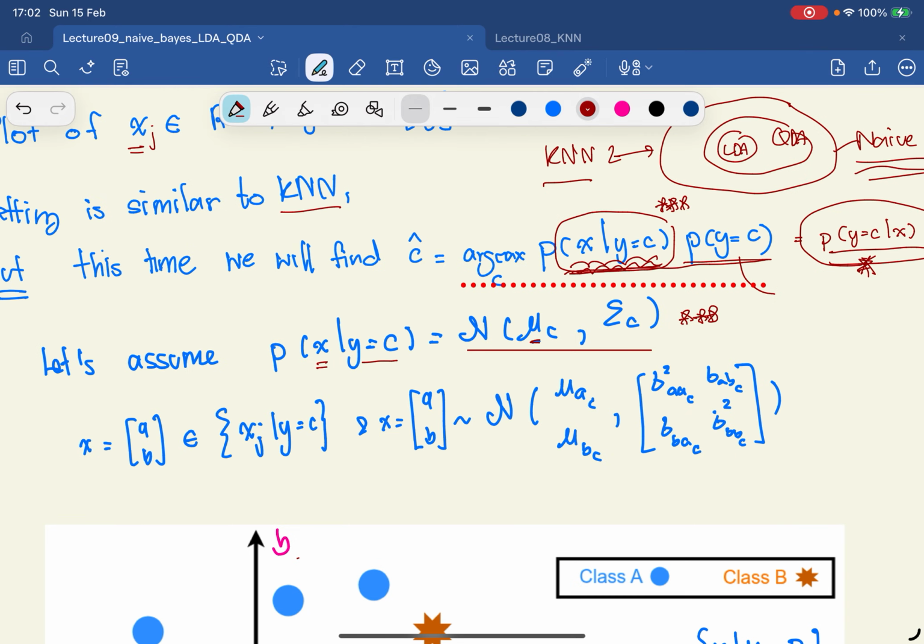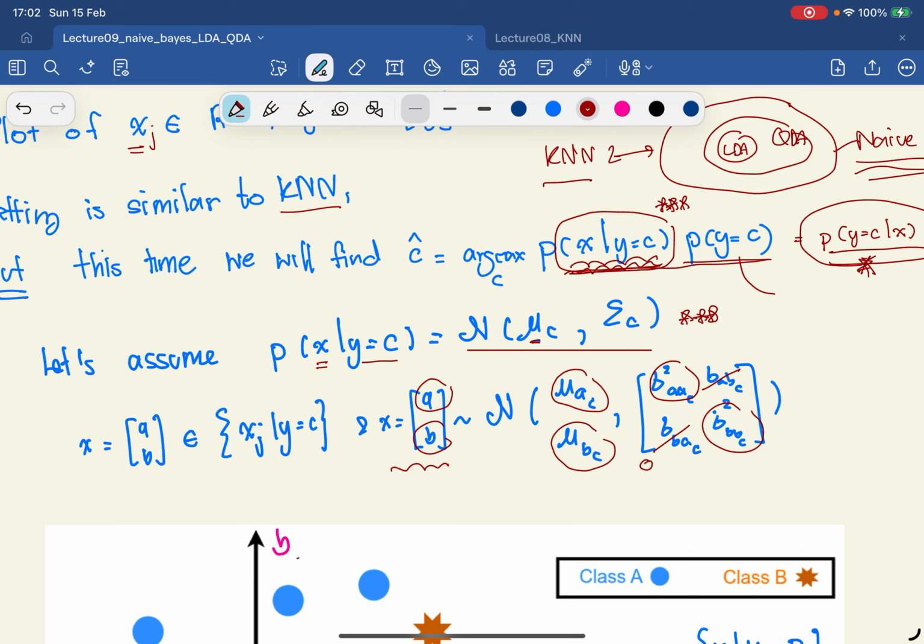Okay, so if x is (A, B), that means we can write x equal to (A, B), in which A and B are distributed this way, where you have the mean mu AC for A, and mu BC for B, and there are covariance and variance terms. Generally we will assume that A and B are not correlated to each other, but they can be correlated as well.